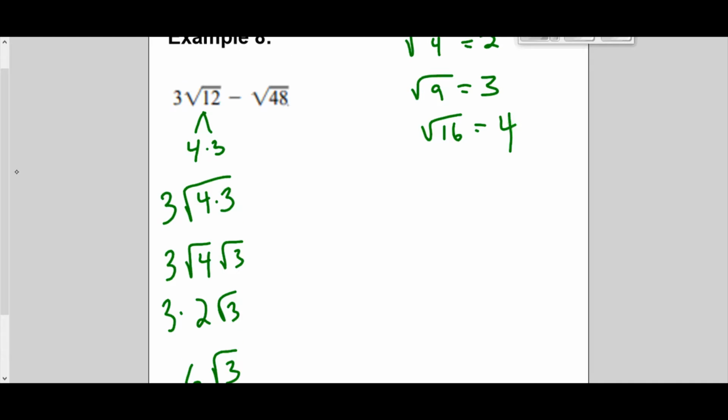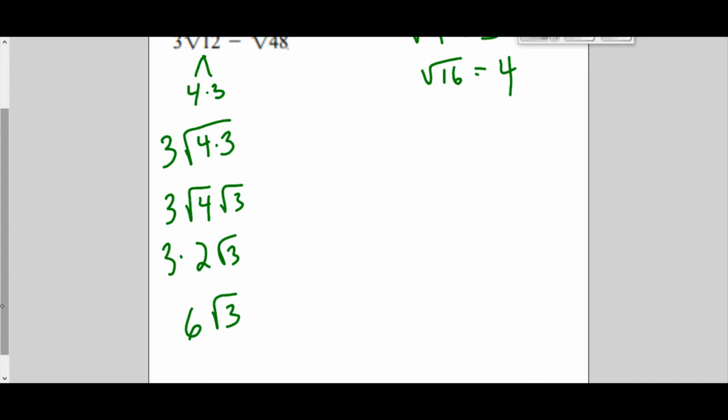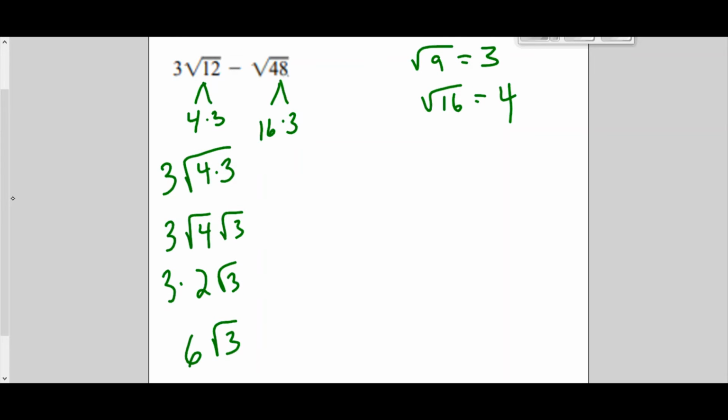Now the square root of 48, I'm going to see, can I divide 48 by 3? Because if I want these two to be the same, I would need to have a 3 underneath this radical. So let's see if I could do 48 divided by 3. I would get 16. So I could write this as negative square root of 16 times 3.